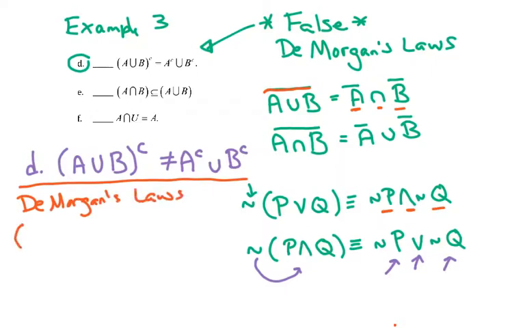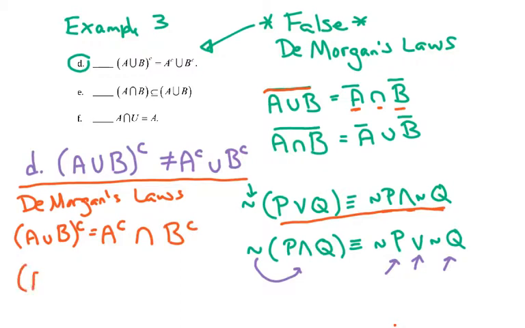To me, it's a little easier with this kind of notation because it's so much more similar to what happens over here. It's going to be the complement of A and the complement of B. And then with the intersection, you get the complement of A or the complement of B. Do you see how they're analogous to these situations over here?